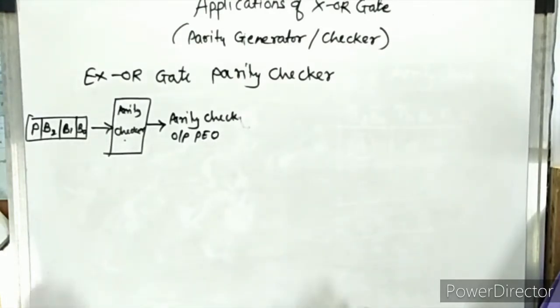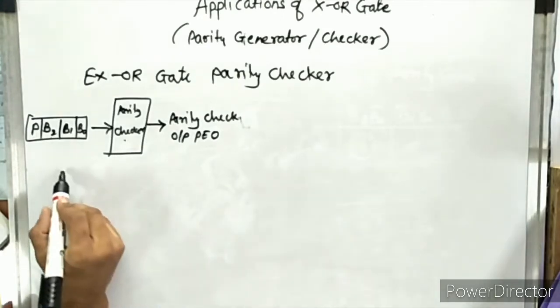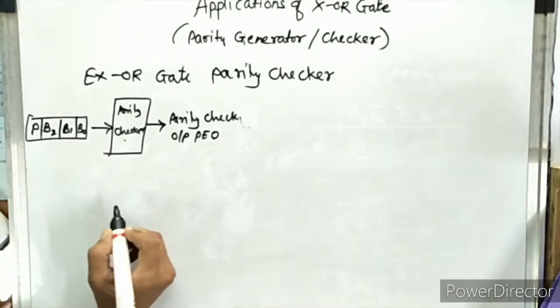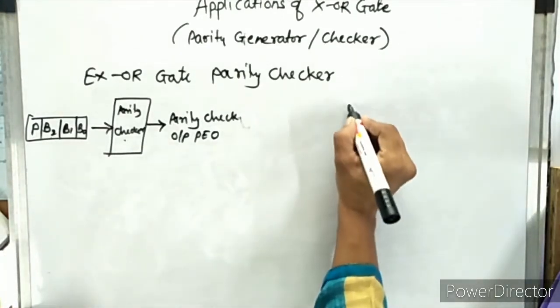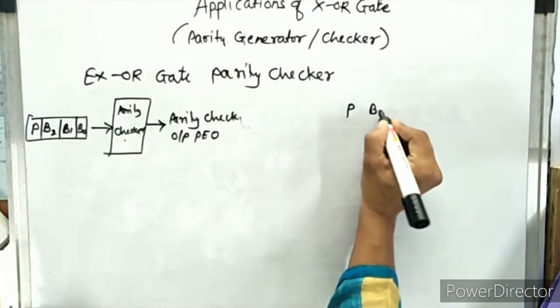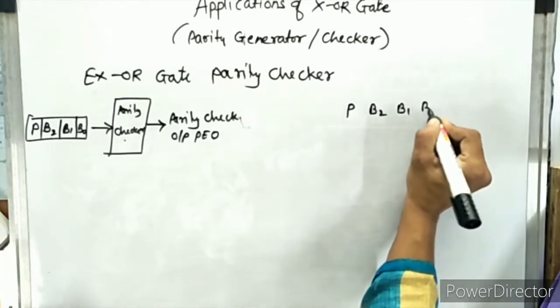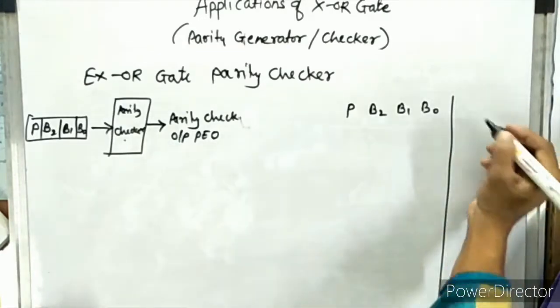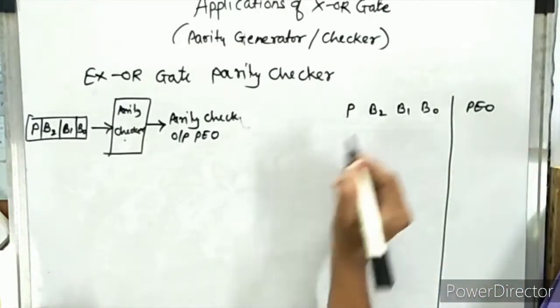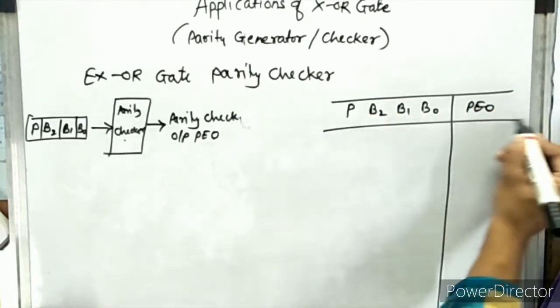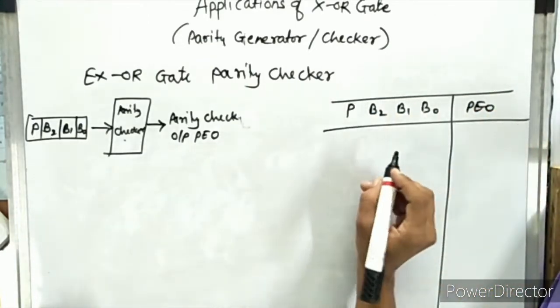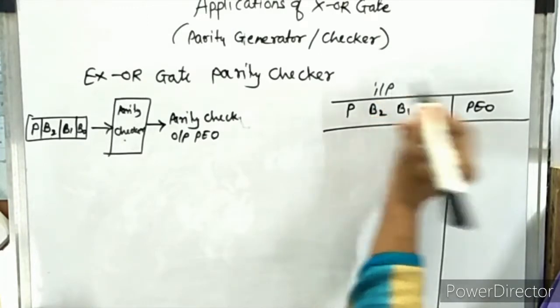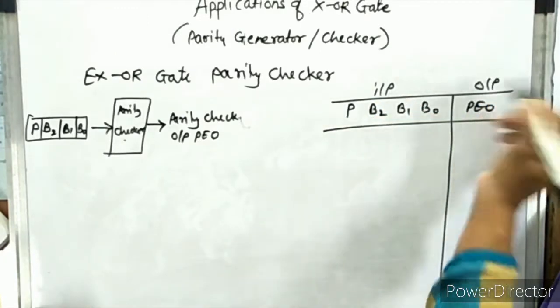So to check this parity, we have inputs. Now we have 4 inputs, that is P, B2, B1 and B0. Now our output is this PEO, that is the parity error output. These are the inputs and this is the output.